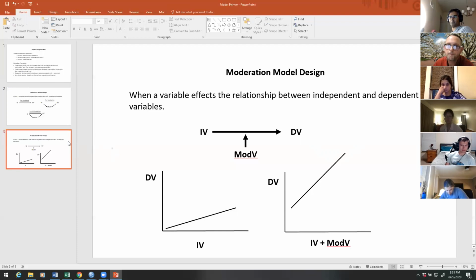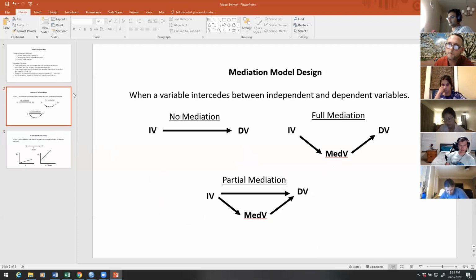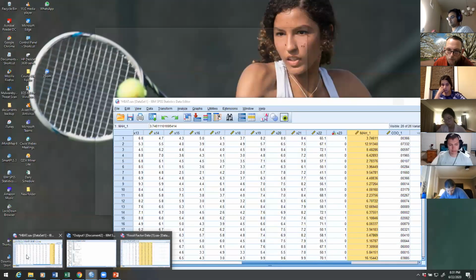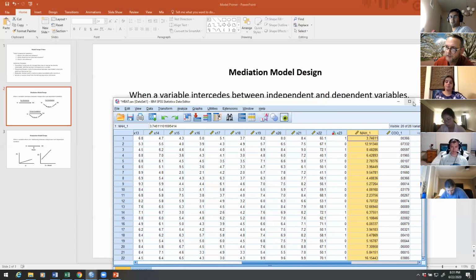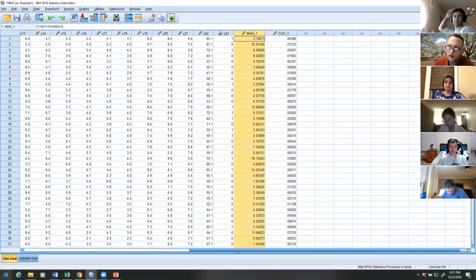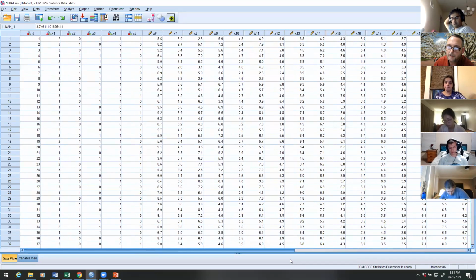Okay, so that's moderation and mediation. Regarding the work this week, there are a number of different examples that you can work through. The data from the text uses, I believe, HBAT.